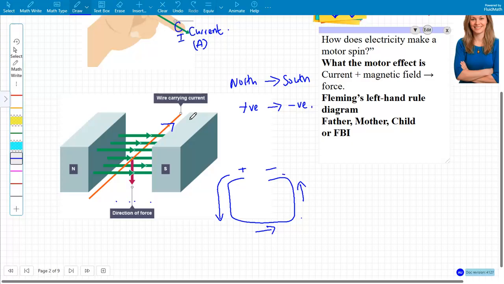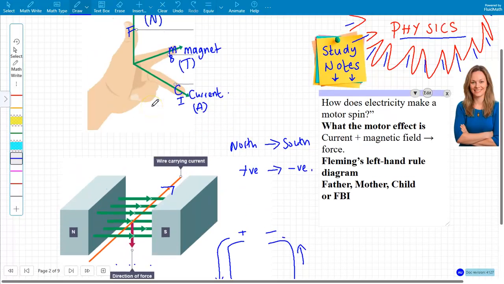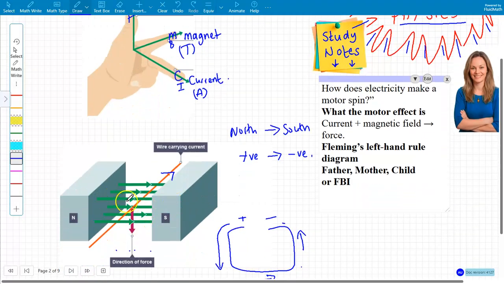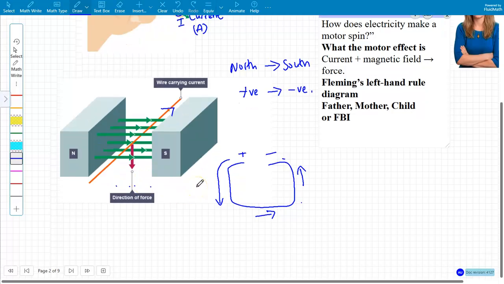Okay, so that's the current. So if we want to work out which direction the force is going to travel in, what we need to do is make our hand the shape that we know Fleming's Left Hand Rule is, and point all of our fingers in that direction. So if the magnetic force is going left to right, as it is on the picture, the green arrows, you can see them here, point your index finger that way.